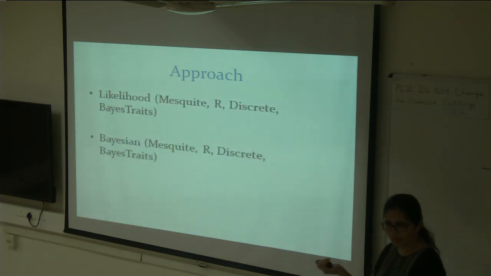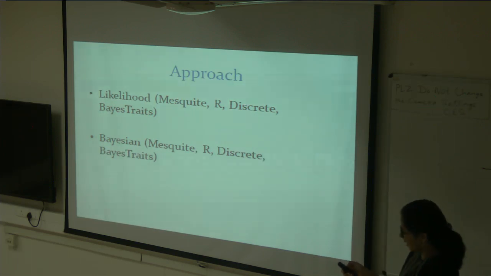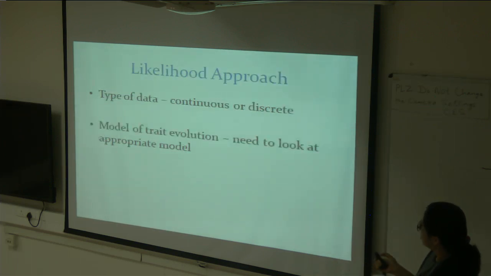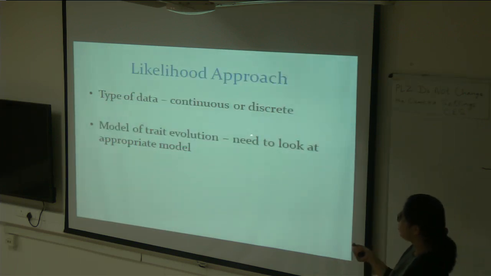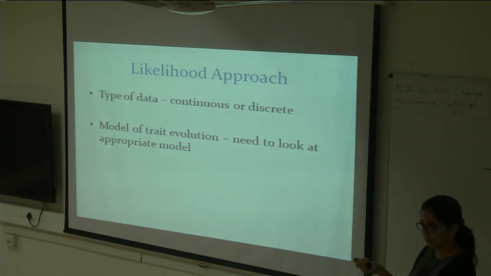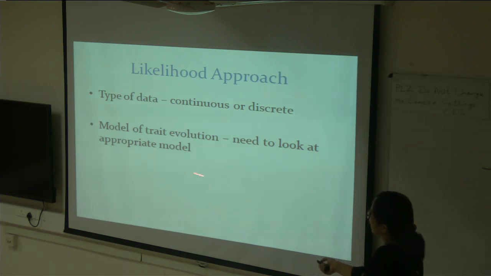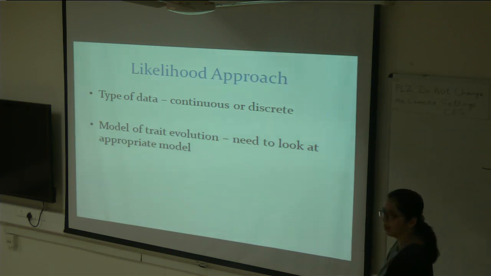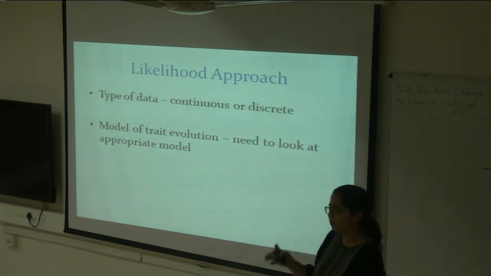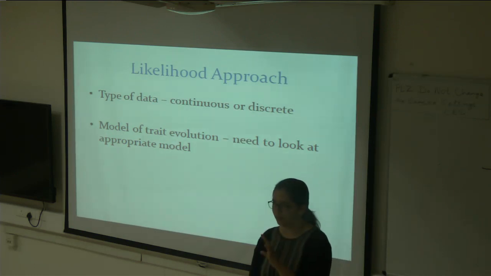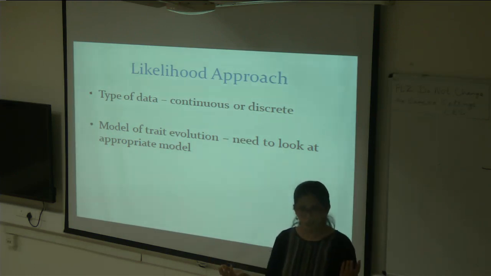The Bayesian approach also uses branch lengths. You can use the likelihood approach for discrete traits as well as for continuous traits. An important thing is you can also have a model of trait evolution. Do you remember models of sequence evolution? You had multiple models. Similarly, for traits also, there could be multiple models.